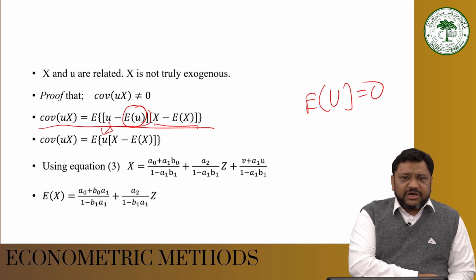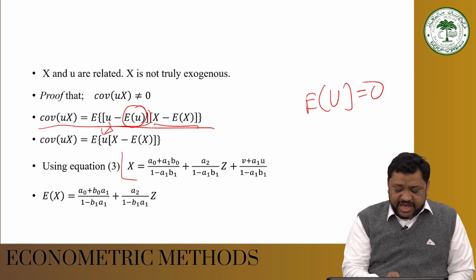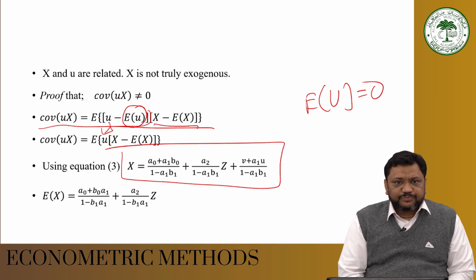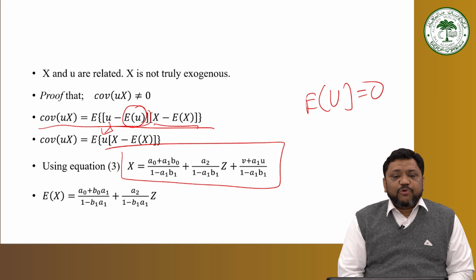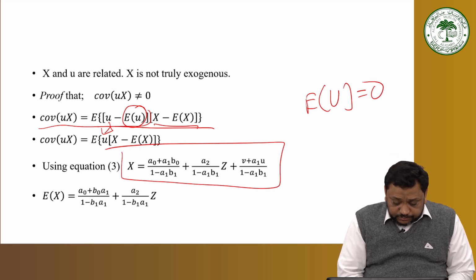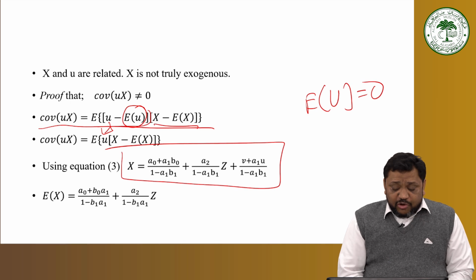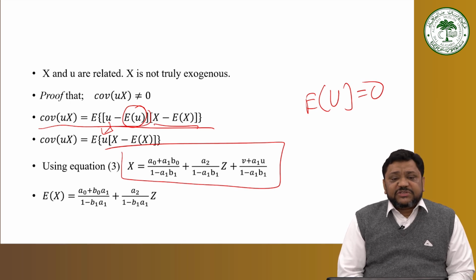Now in our previous discussion we have got the value of x: x is equal to a naught plus a1 b naught divided by 1 minus a1 b1, plus a2 z divided by 1 minus a1 b1, plus v plus a1 u divided by 1 minus a1 b1. Now what will be the expected value of this term?